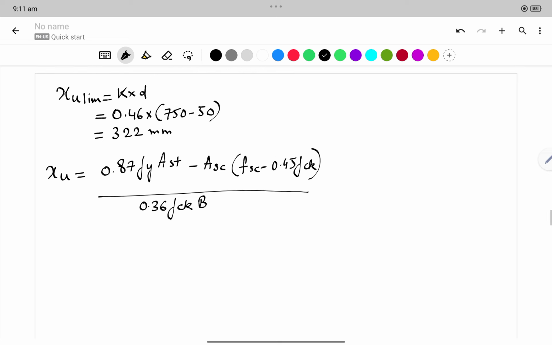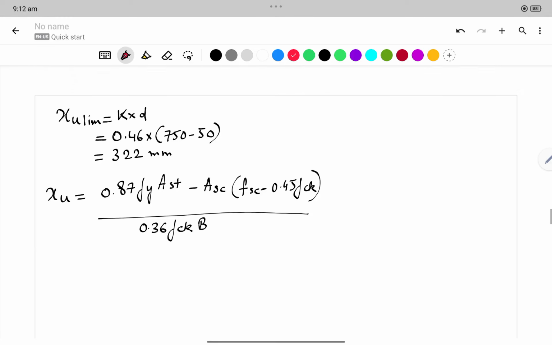So we will put the values here. Okay, so see here, we have to calculate the FSC. So first we will find out the epsilon SC.